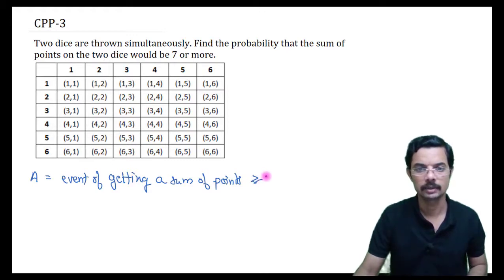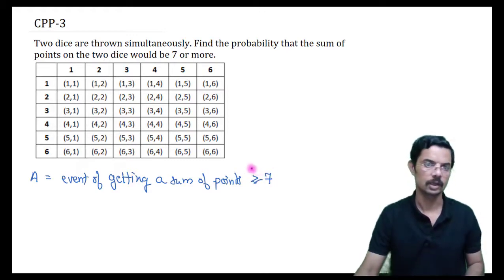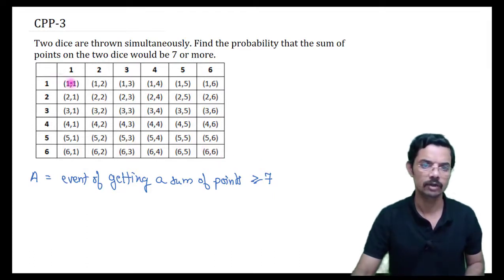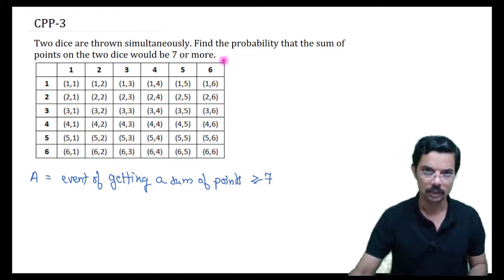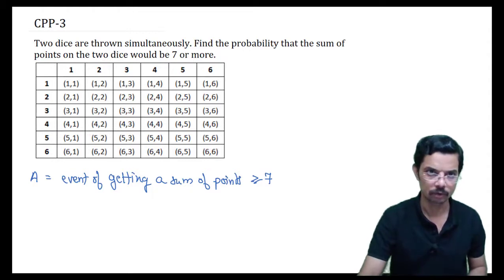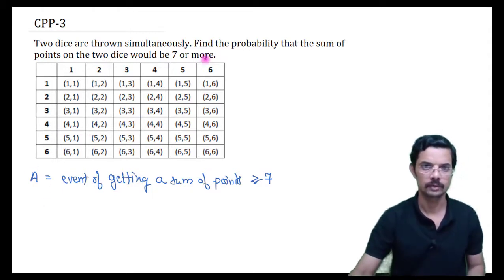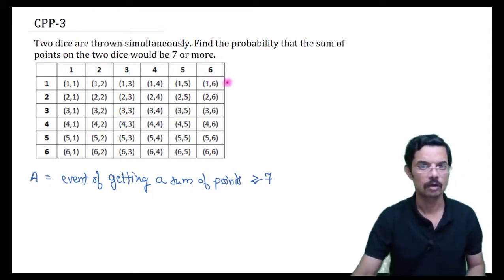What will be the minimum sum? Minimum sum will be 2 and the maximum sum will be 12. So here we can mark down those points which are favorable to A.